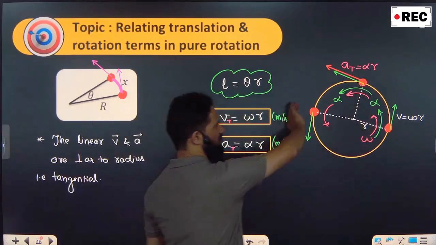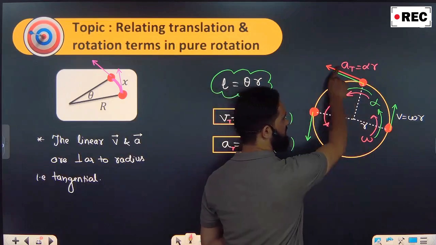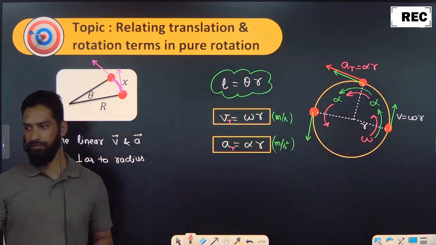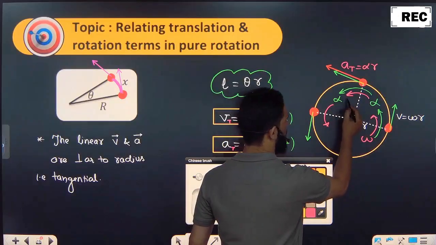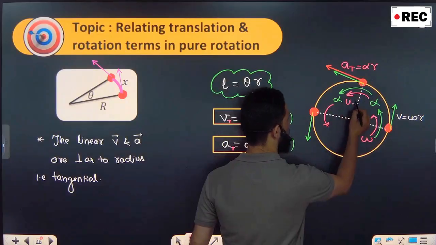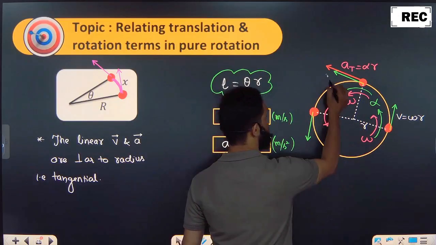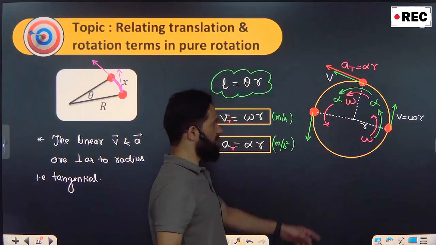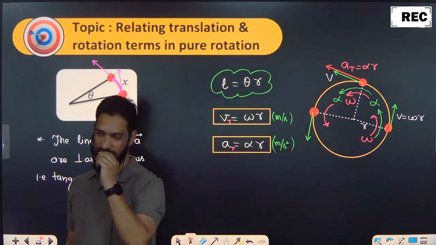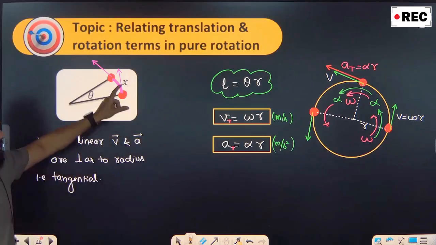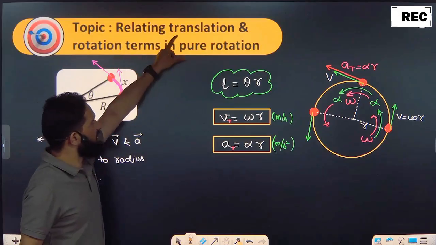Imagine if alpha was opposite, it slows down. Where is tangential acceleration? Opposite to velocity. If alpha and omega are in the same direction, then v and a are in the same direction. If alpha and omega are in opposite directions, then v and a are in opposite directions. These are called tangential, relating translation and rotation.